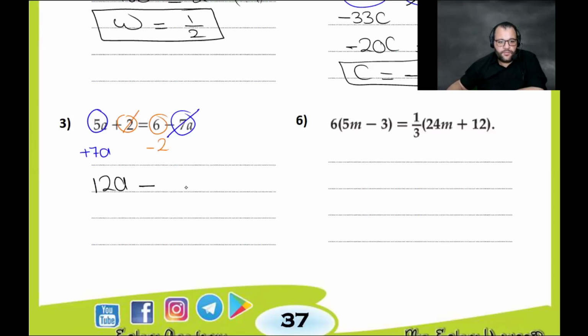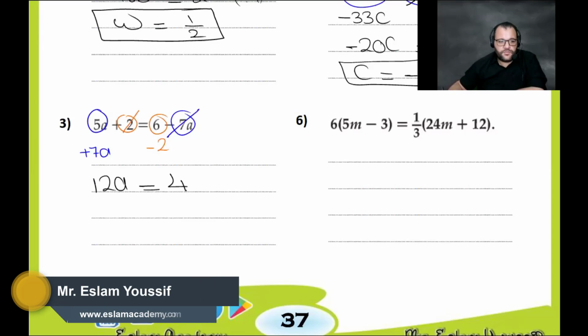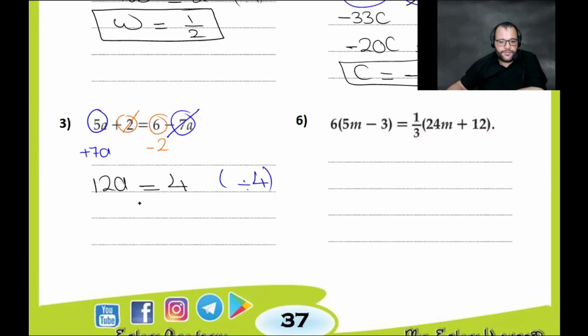And we shift the 2, it becomes negative. Then 6 minus 2 will be equal to 4. 12a equals 4. Divided by 12, not 4, and a will be equal to 1/3.